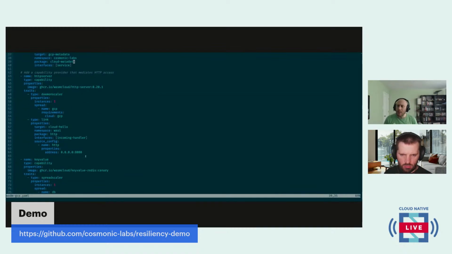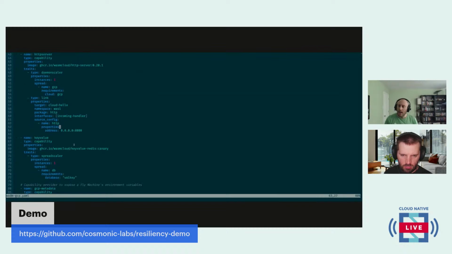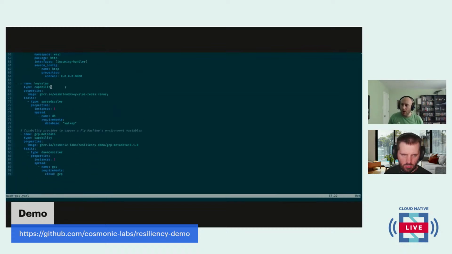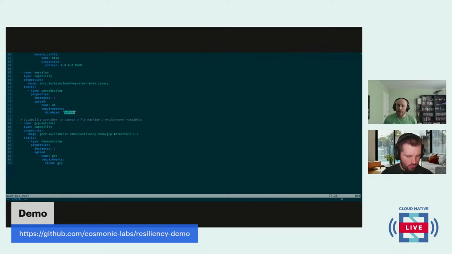We then link it to an HTTP server, which is listening on 8080 again. And then we actually instantiate the capability. So in this case, it's running somewhere that has a label database valkey. And then we run the metadata provider everywhere where the cloud is GCP.